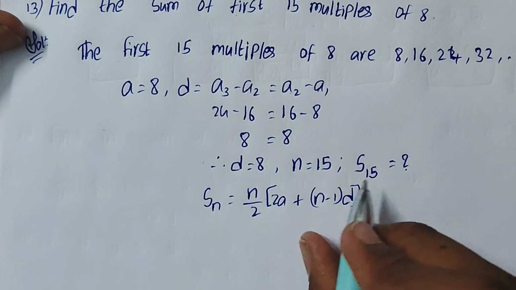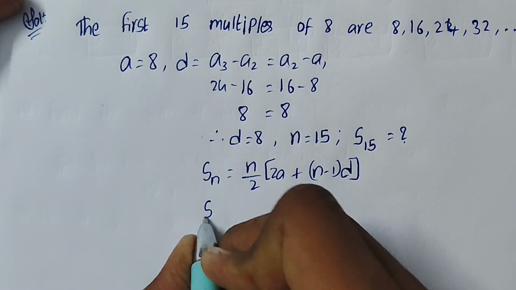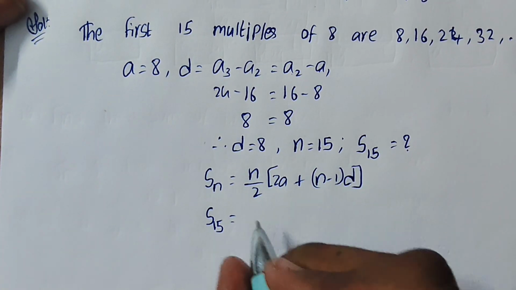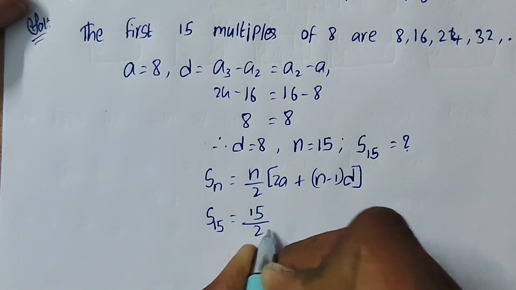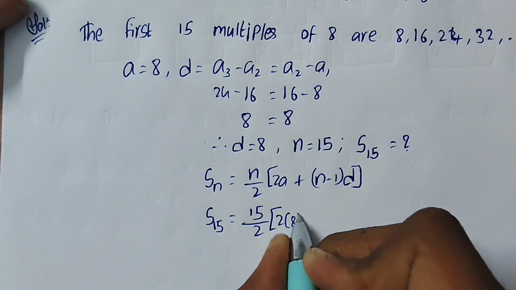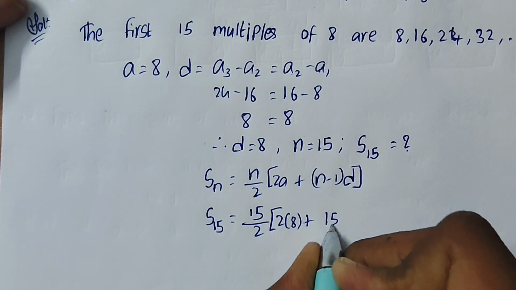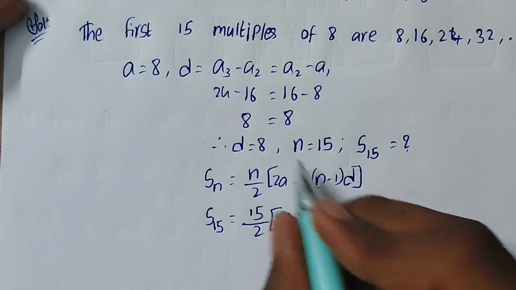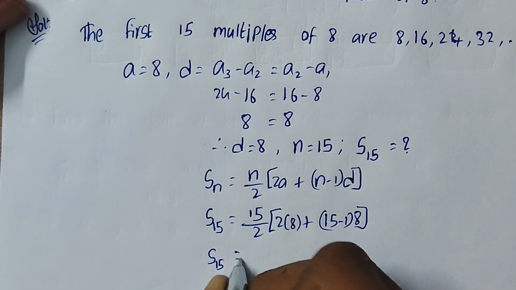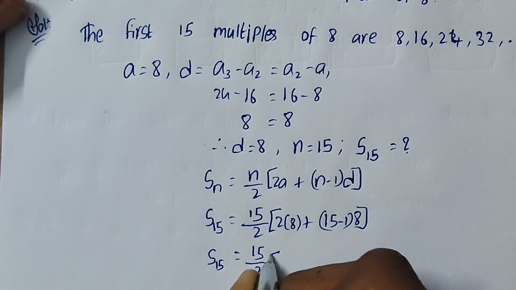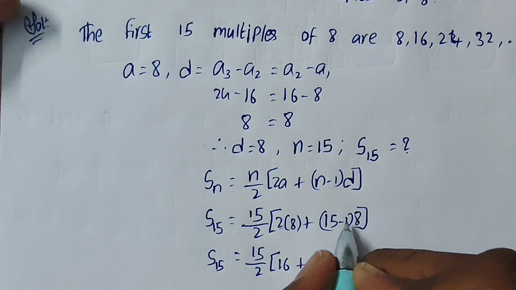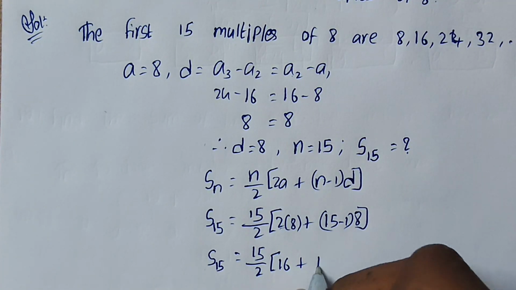So S15 is equal to, the value of n is 15, so 15 by 2 into 2 of the value of a which is 8, plus the value of n is 15 minus 1 into the value of d which is 8. So S15 is equal to 15 by 2 into 2 8s are 16 plus 15 minus 1 means 14, 14 8s are 112.